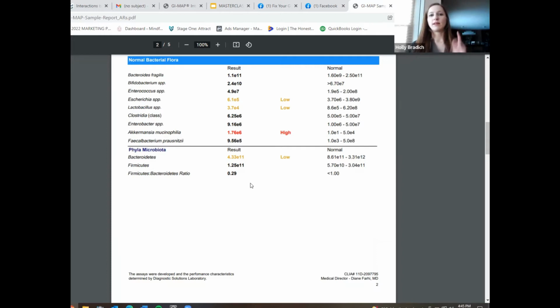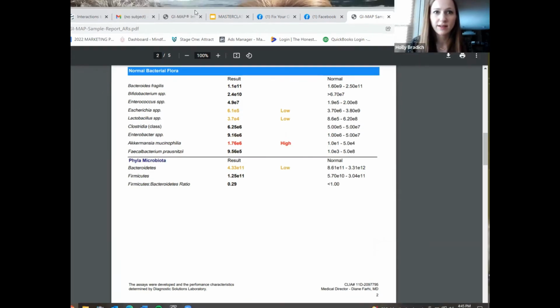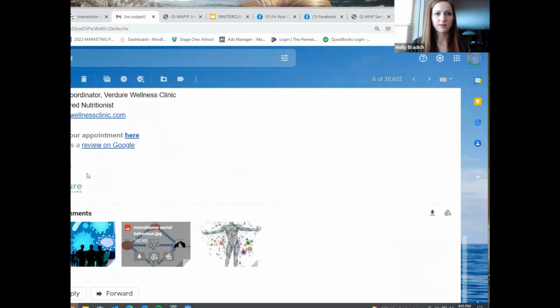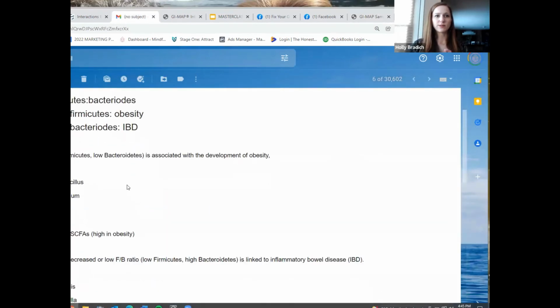So in this instance, this person has the normal level of firmicutes, which include, and I'm just going to bring up my notes so I can let you know which ones those are.